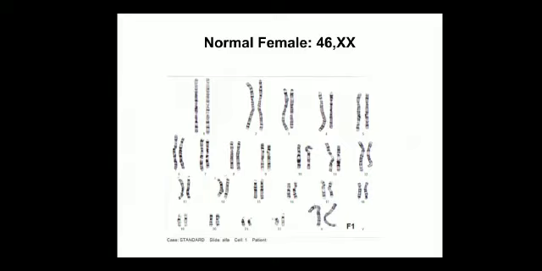The mature male gametes are called sperms and mature female gametes are called ova. Each ovum contains 23 chromosomes.